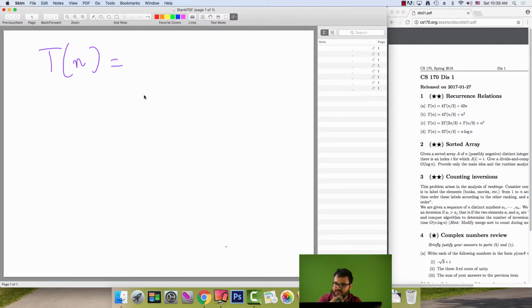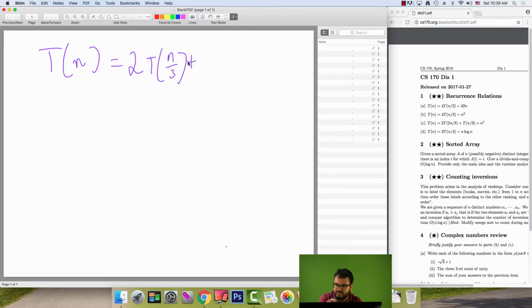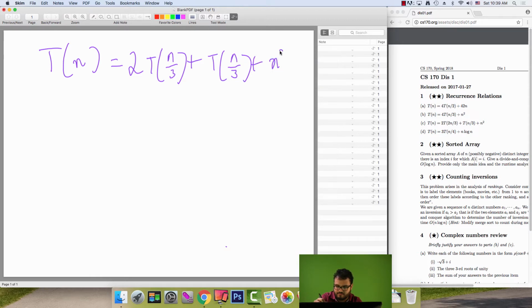Okay, now our recurrence looks like T(n) is equal to T(2n/3) plus T(2n/3) plus T(n/3) plus n squared. When I see something like this, there are two ways I like to think about it. One is, well, T(n/3) is just a recursive definition because we know what T of something is.